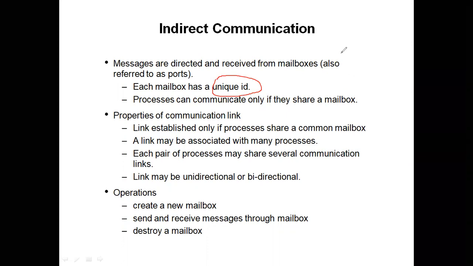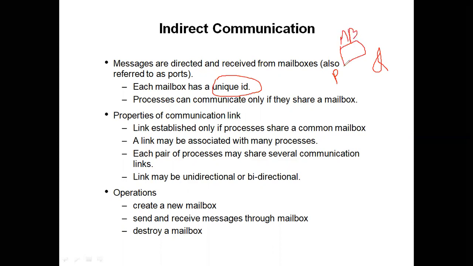Now, earlier we also discussed that any processes P and Q wanting to communicate with each other should establish a link. In direct communication, they have to establish a link. In indirect communication, they also establish a link, but this link is established through a mailbox. Suppose MB is a mailbox.